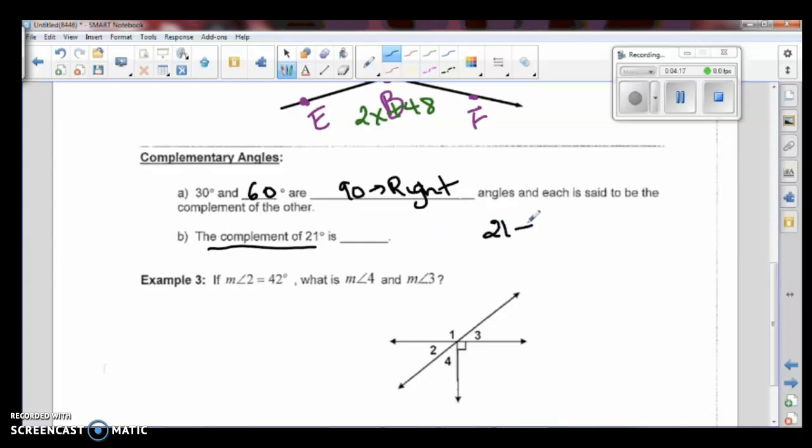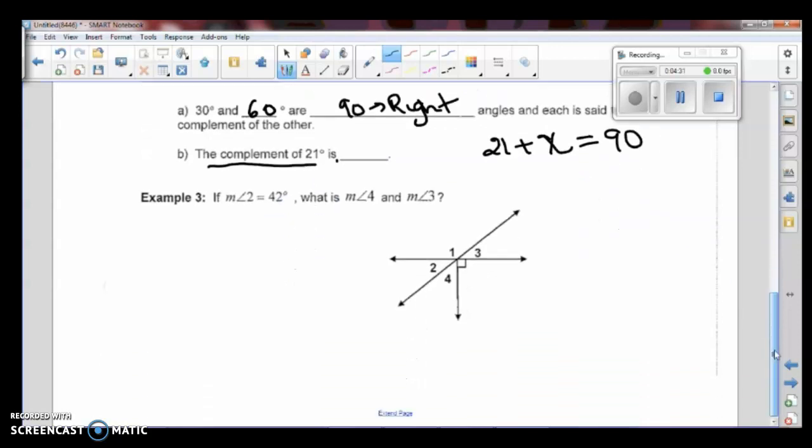So for the complement of 21, we'd say 21 plus some variable, some angle that we don't know, equals 90 degrees. And then we can solve for x. So all you have to do is subtract 21, and you can fill in that blank yourselves. I think we're far enough along in our algebra that I can let you do that.